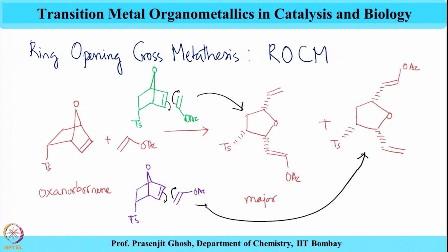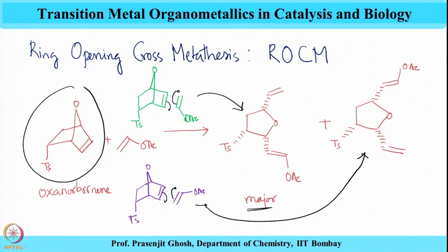And now this will lead to formation of two different products, of which the major product is the one which is shown over here. And as seen here, the ring strain of oxanorbornene is the driving force for carrying out this ring opening cross metathesis reaction.